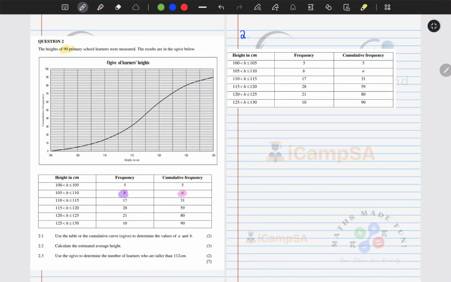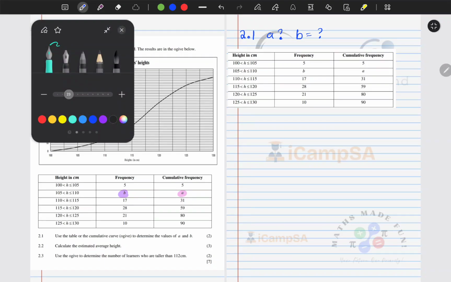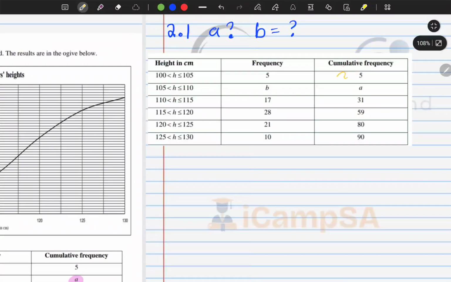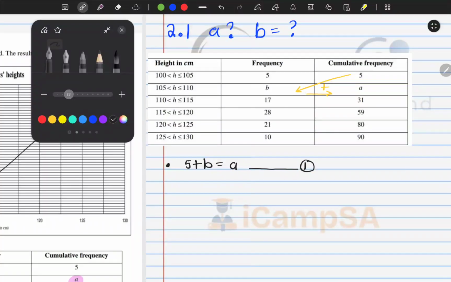Okay, so for 2.1, what we are required to do is to figure out what A is and also what B is. But there's something that I need you to remember about cumulative frequency: how we get to A, you take the 5, you add it with the B, and that is how you get A. So essentially, 5 plus B is equal to A. I'm going to call this equation number 1.